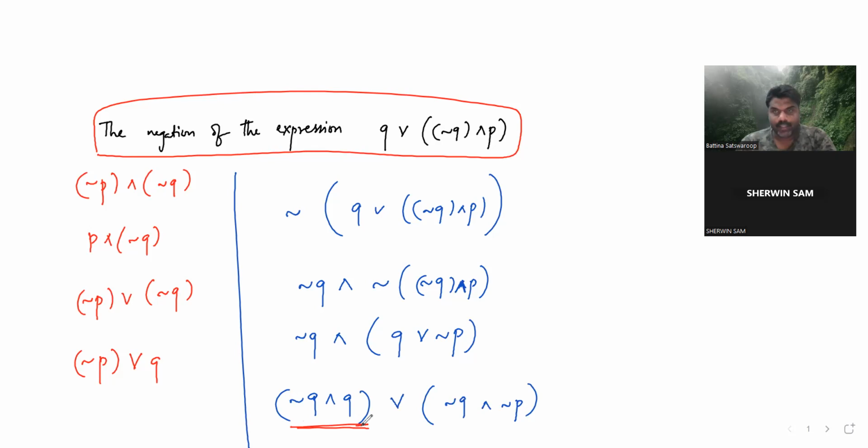This will get cancelled out. Correct? Yes, sir. What will be left over, sir? Negation of Q and negation of P. Therefore, what will be my answer? First option. First option. Very good.